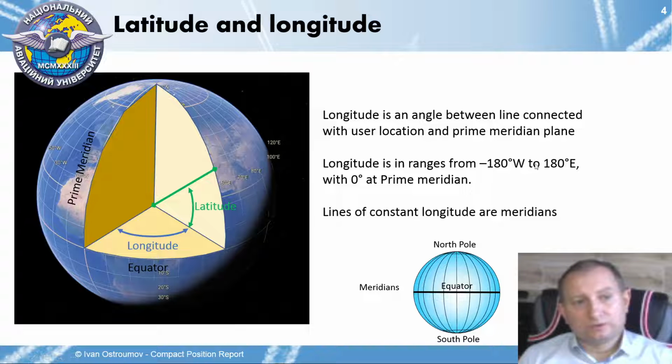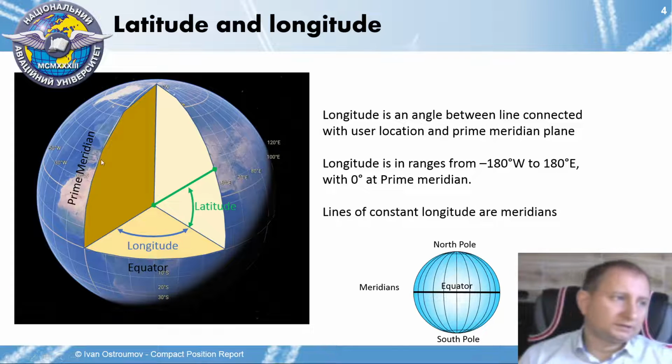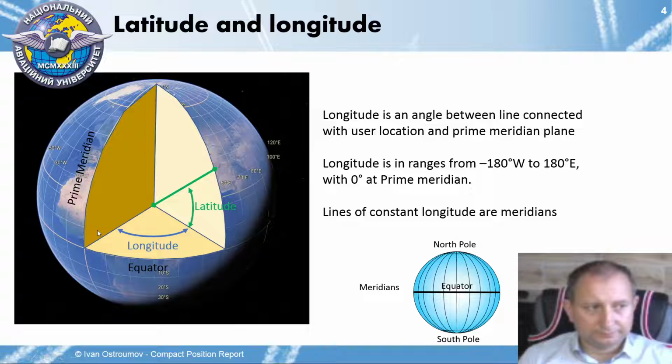And for the east side, we have from 0 at the prime meridian up to 180 degrees of east longitude. And 0 will be at the prime meridian level.